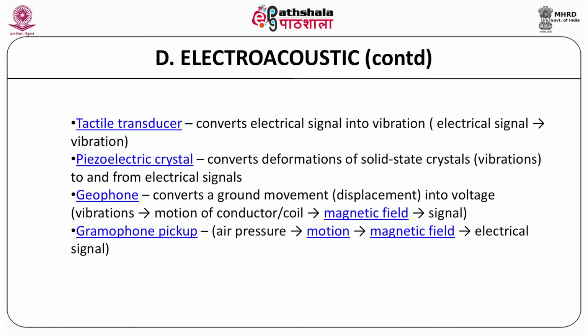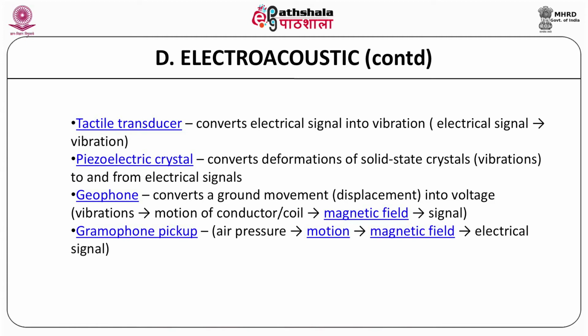Piezoelectric crystals convert the deformation of solid-state crystals, in which the vibrations are present, to form electric signals. This actually exploits the vibrations in the crystals. Then the geophone converts a ground movement, which is a displacement, into voltage.